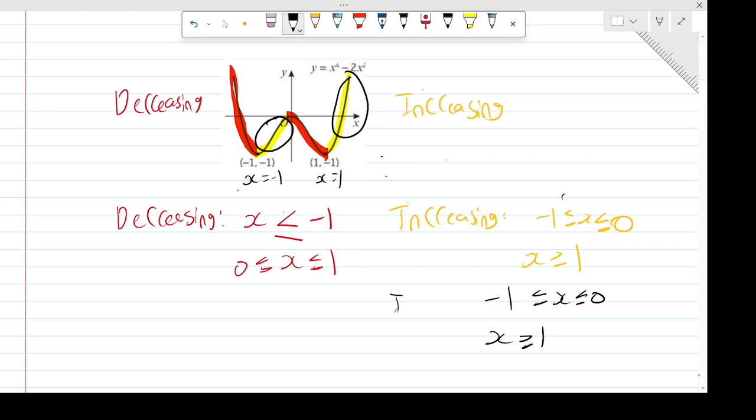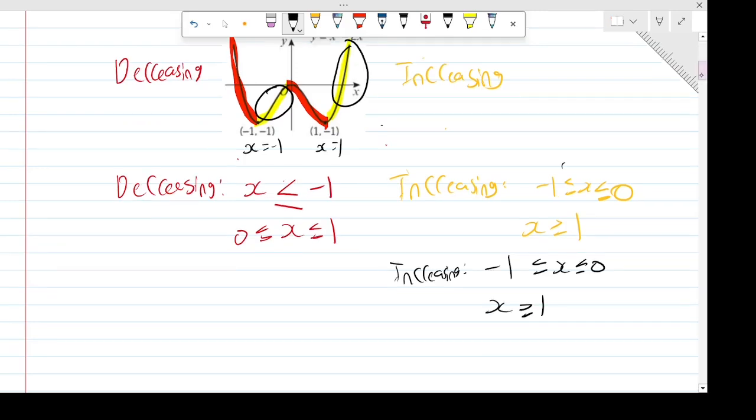Hopefully you can spot where graphs are increasing and decreasing, simply when the graph goes downwards and when the curve goes upwards. Okay, so that's the core idea.